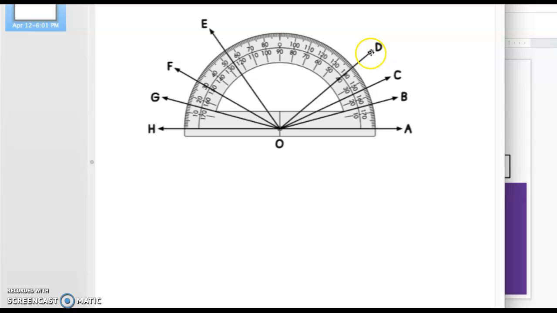Any rays that meet at the vertex O will create an angle. So the first one that we're going to be looking at is angle AOD. That means I start at A and I work my way to the O because that's my vertex, and then I come up to my D, so I'm looking at that angle right there. That's how I write the angle, AOD.